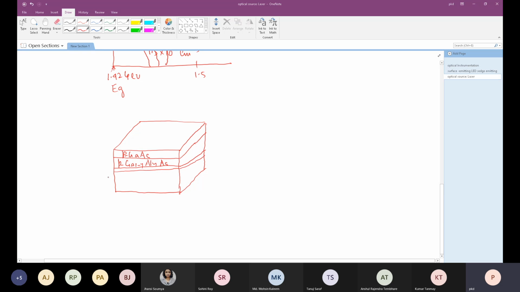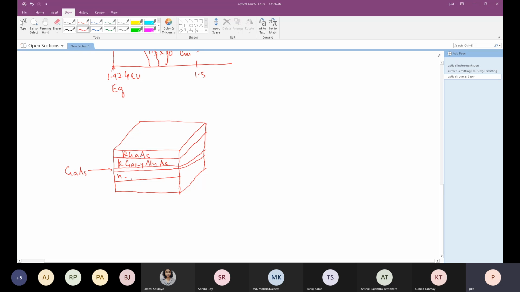Then there is a narrow layer, which is the active layer. So construction wise it is very similar to the semiconductor LED.